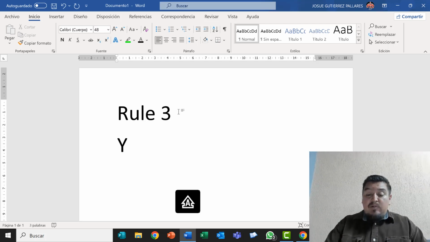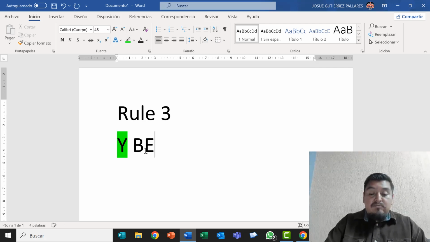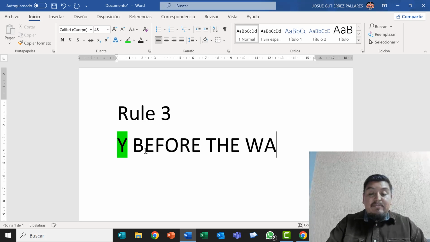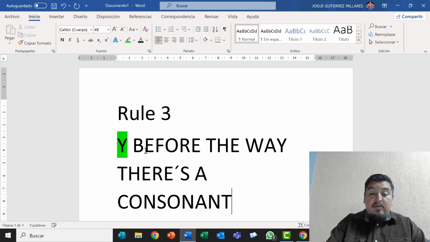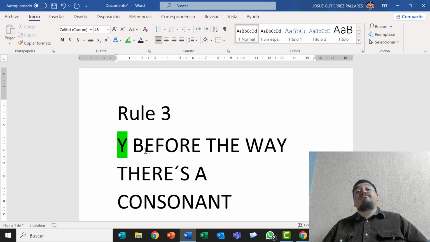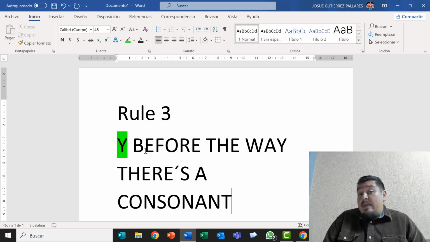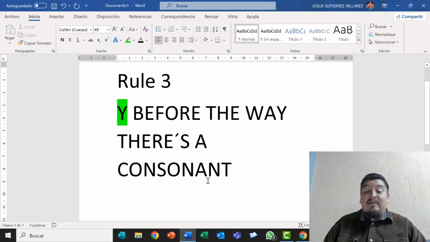So if the ending verb is Y, okay, Y, and before the Y, there is a consonant, you know, the vowels A, E, I, O, U. Those are vowels. But consonants B, C, R, S, M. Okay. So let me give you an example.